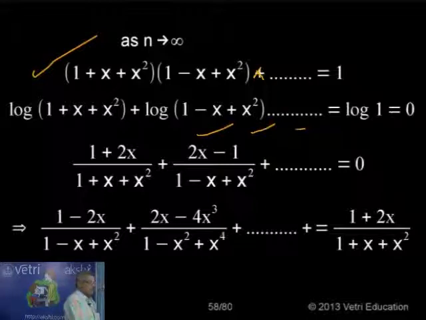You retain 1 plus 2x by 1 plus x square as it is. 2x minus 1, bring it to the other side, we get 1 minus 2x. 2x minus 1 becomes 1 minus 2x by 1 minus x square. The next term becomes 4x cubed minus 2x, that is 2x minus 4x cubed by 1 minus x square plus x power 4, like that. So therefore, this up to infinity is equal to 1 plus 2x by 1 plus x square.